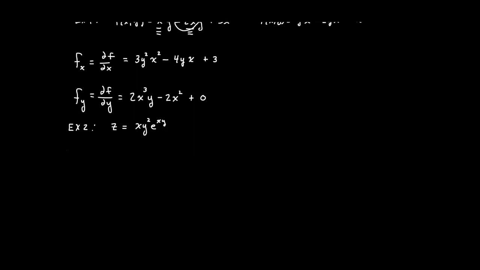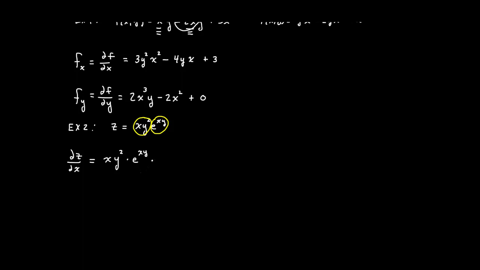Okay, the last example, example 2, we're going to find partial z partial x. Okay, so it looks like we're going to need the product rule here. We have this first term and then this second term. Okay, so I have first term. Now I got to do the derivative of the second, which is e to the xy, e to the stuff, and then I have to do the derivative of the stuff.